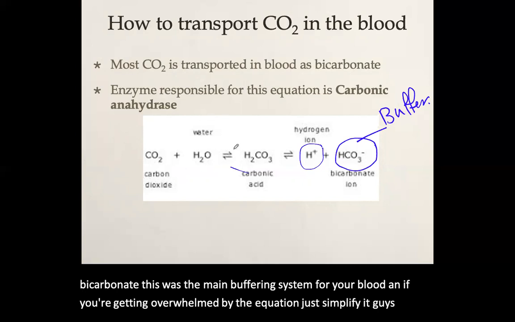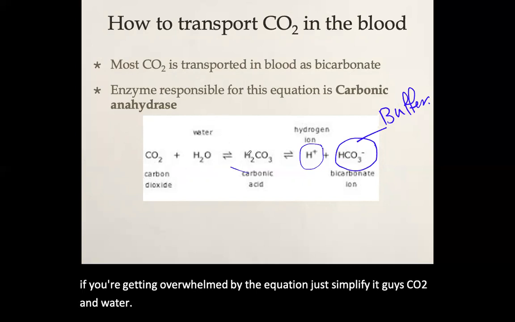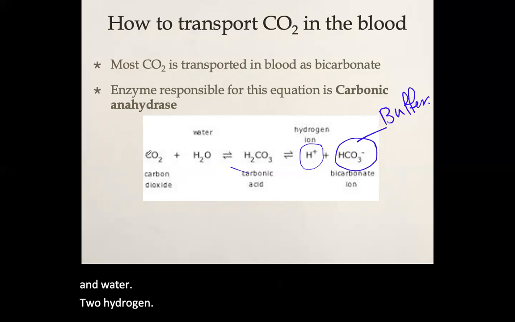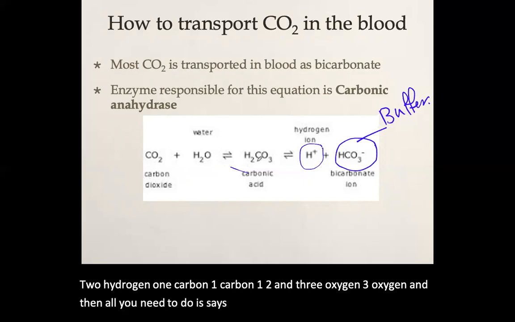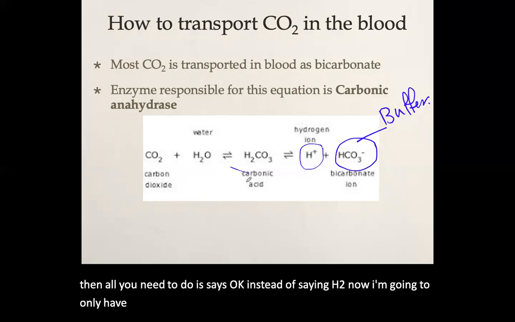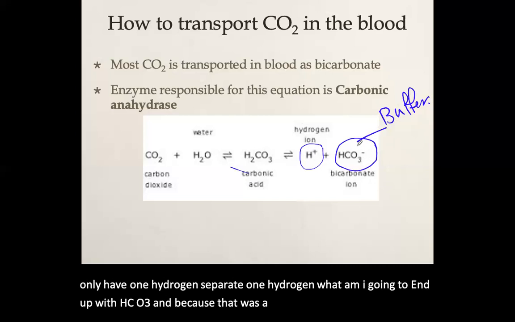CO2 and water. 2 hydrogen, 2 hydrogen. 1 carbon, 1 carbon. 1, 2, and 3 oxygen, 3 oxygen. And then all you need to do is say, okay, instead of having H2, now I'm going to only have 1 hydrogen, separate 1 hydrogen. What am I going to end up with? HCO3, and because that was a positive charge, then your HCO3 will have a negative charge.